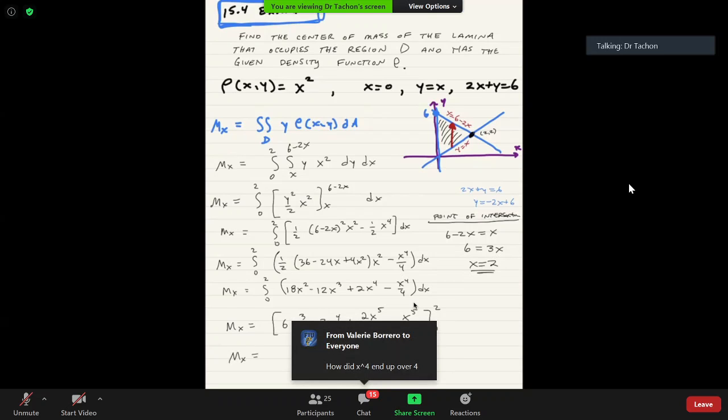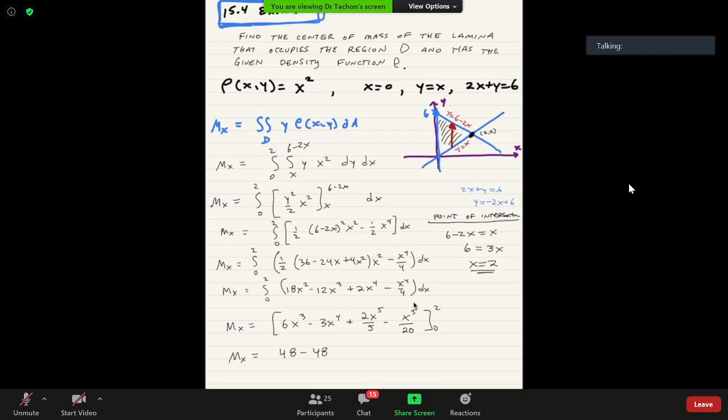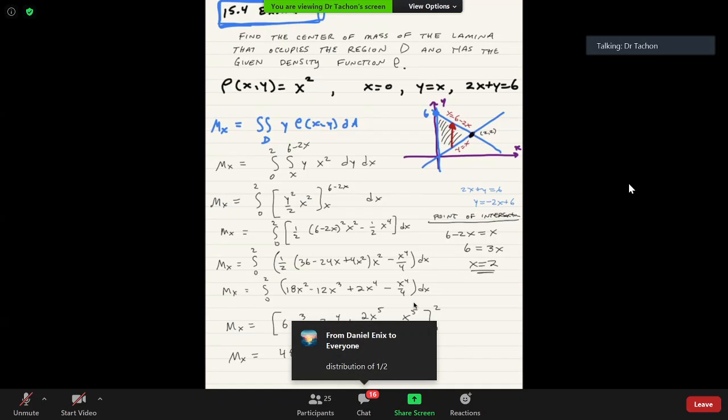Plug in the upper bound: 6 times 8 is 48. 2 to the 4th is 16, times 3 is 48. 2 to the 5th, so 2, 4, 8, 16, 32, 64 fifths. Minus 2 to the 5th is 64 over 20. Then plug in the lower bound, you get 0. The 48s cancel out.